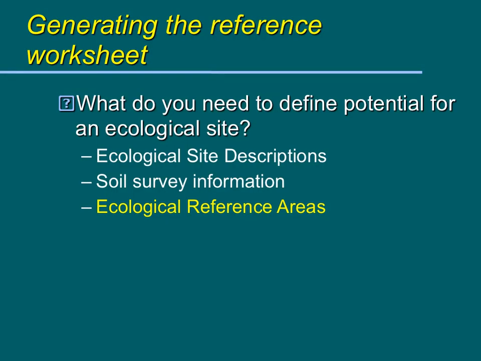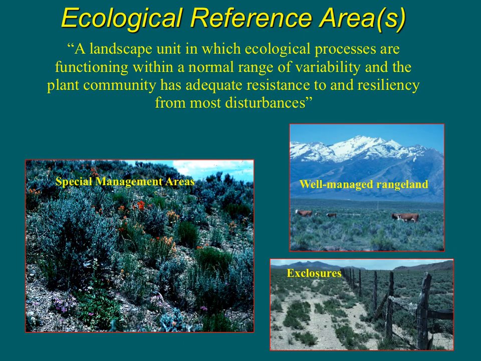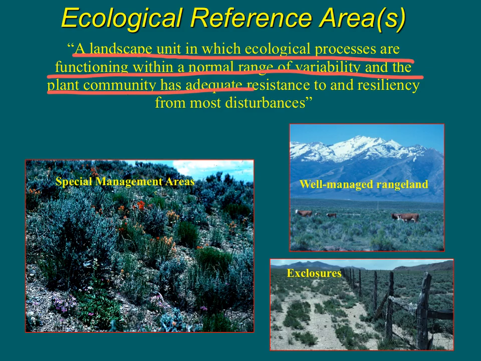Ecological reference areas are another piece of information that you hopefully will have access to. When we say ecological reference areas, this is the definition: a landscape unit in which ecological processes are functioning within a normal range of variability and the plant community has adequate resistance to and resiliency from most disturbances. Again, the admission that there are disturbances on rangeland.